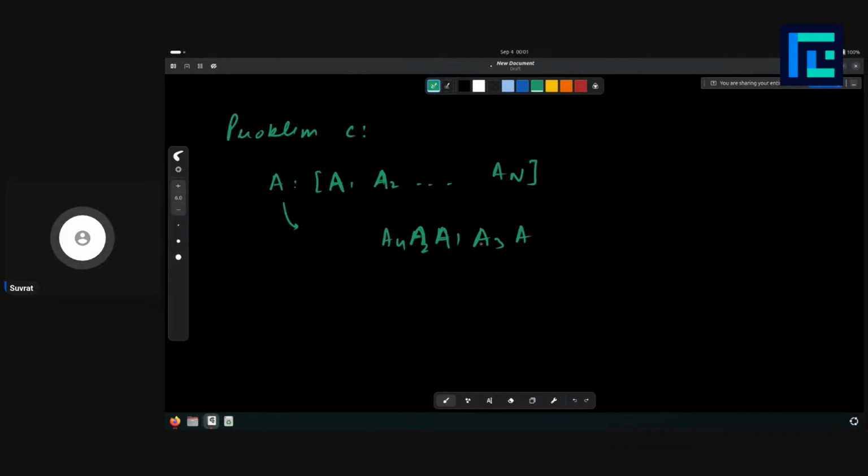So basically, Alice and Bob can take turns like that, and in the end, the score of the array would be minimum of A1, AN. And Alice basically wants to maximize the score. And Bob wants to minimize the score.